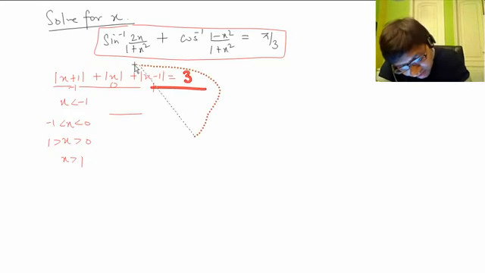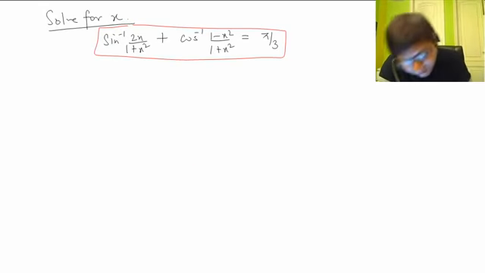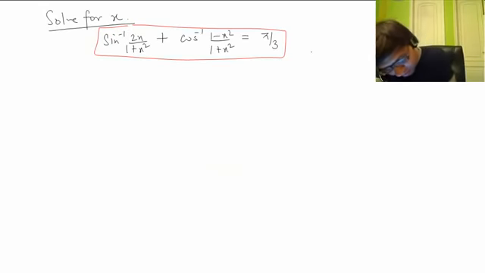So this is exactly the same equation, but involving inverse trigonometric functions. This is a compound function. On this side I'm writing the definition.